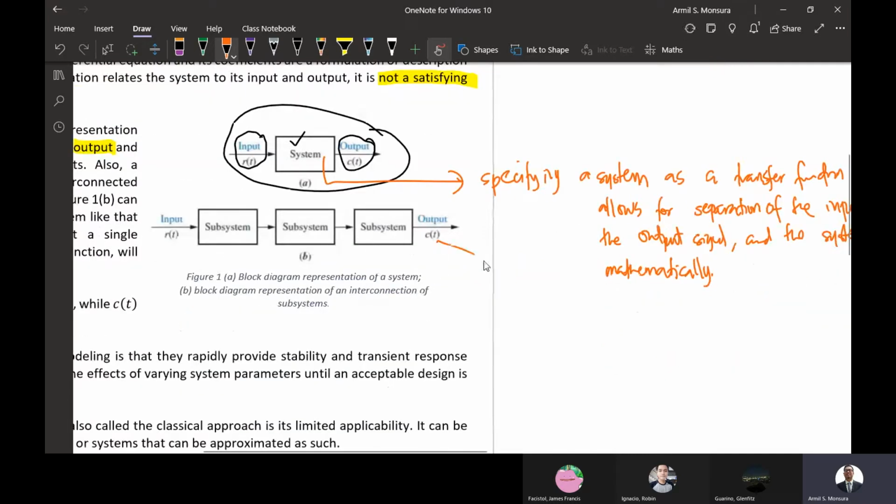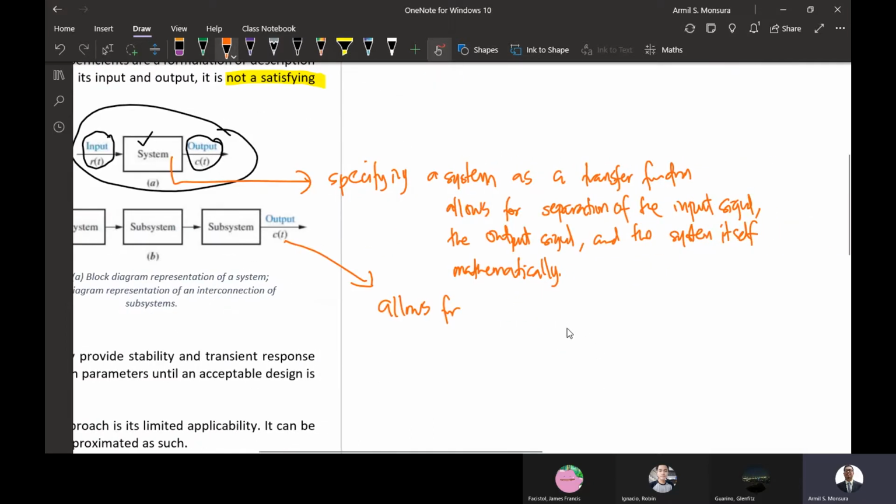So another thing about the transfer function is that it allows for interconnection of systems with mathematical convenience.